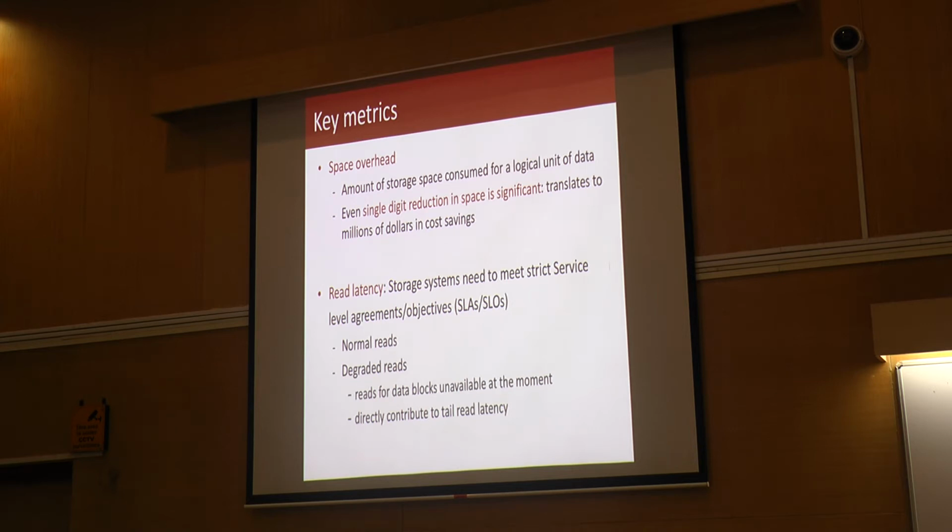Maybe a hard disk has just failed and the data unit was stored on it. To serve such a read request, you have to reconstruct that data on the fly, because we have added some redundancy, so we had better be able to reconstruct it and serve the request.